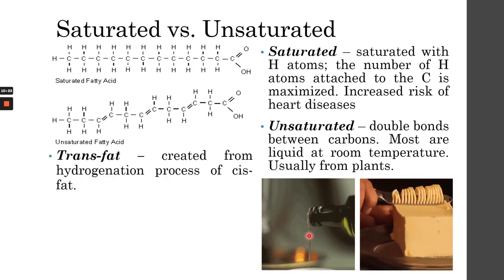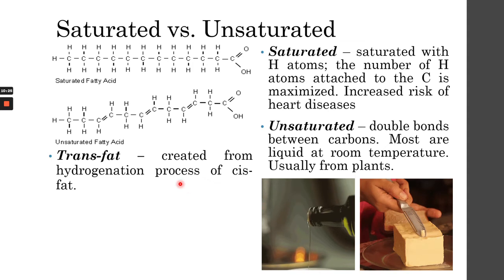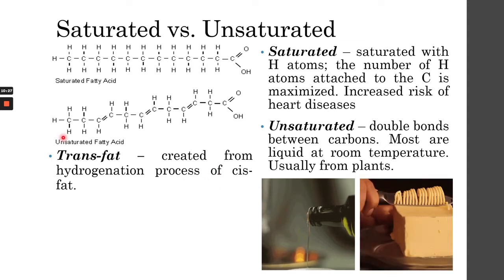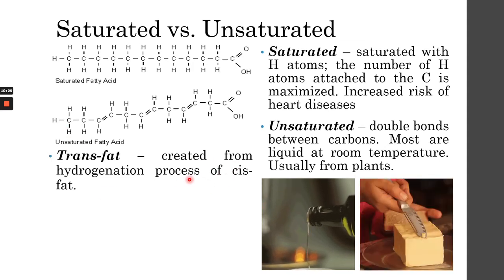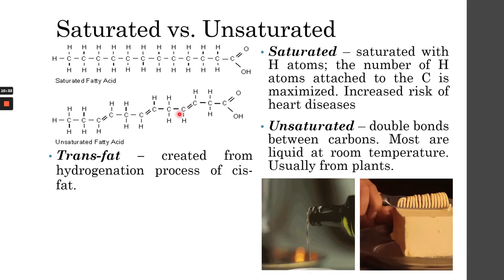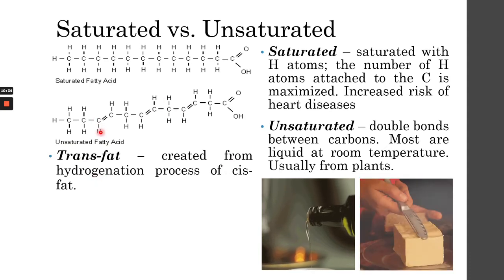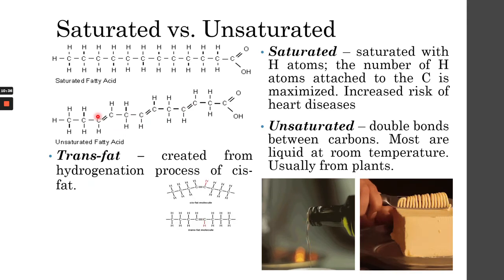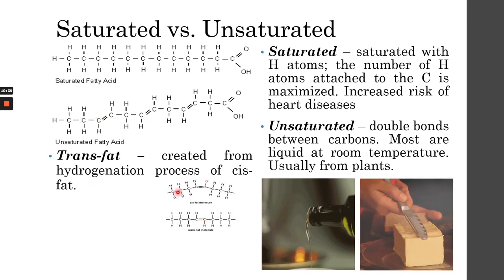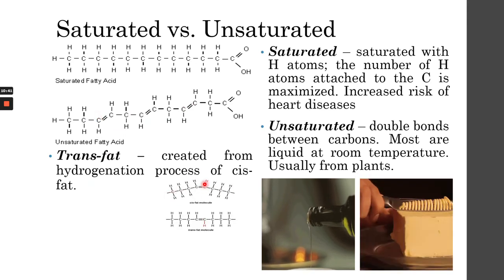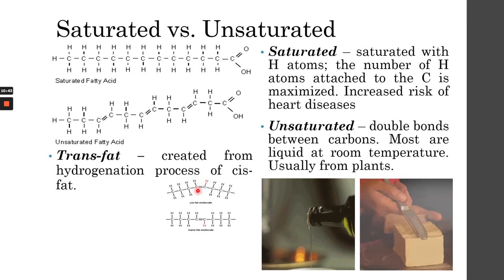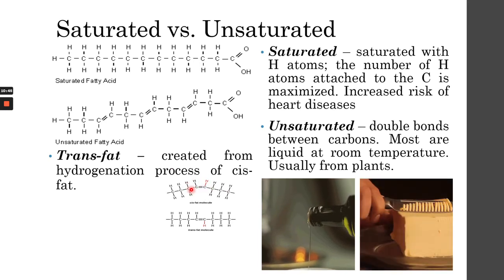But because of the hydrogenation process, some of the cis fat, which is basically a conformation of unsaturated fatty acids wherein the H groups are on the same side. So for example, you have a chain of carbons and the hydrogens are on the same side, creating this kink. So it's somewhat bent. This bending is what's keeping the unsaturated fat from turning into a solid at room temperature.